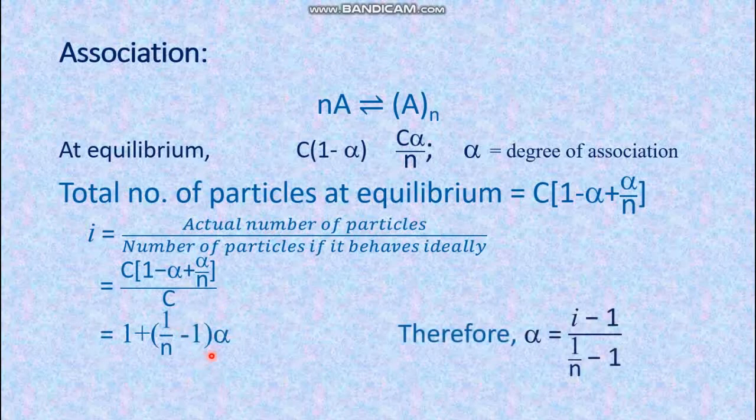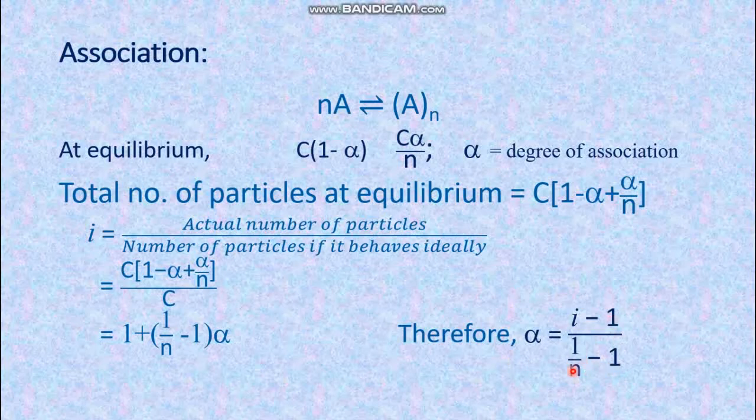Here we are taking alpha as common. So C cancels, and the value that remains in this equation: i equals 1 plus alpha, taken as common, alpha into (1 by n minus 1). Therefore the value of alpha has the expression (i minus 1) divided by (1 by n minus 1).